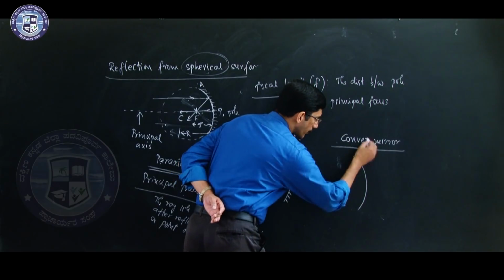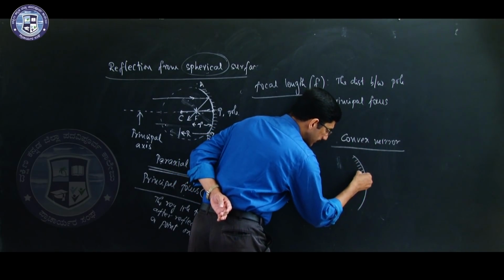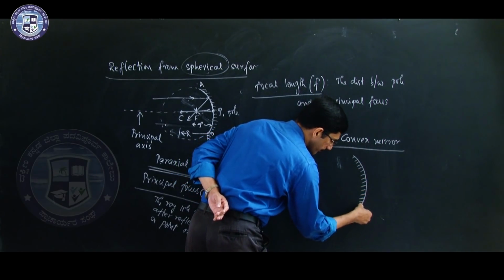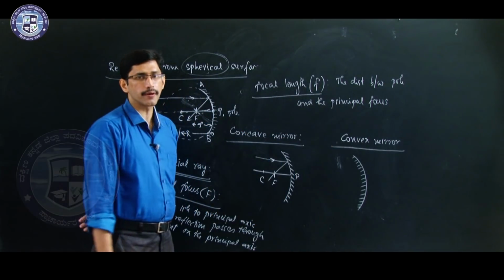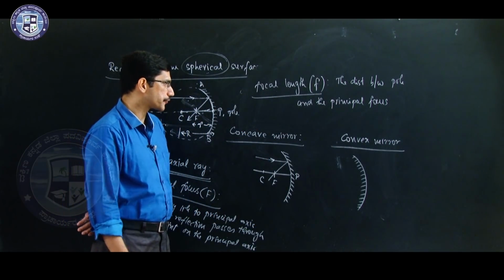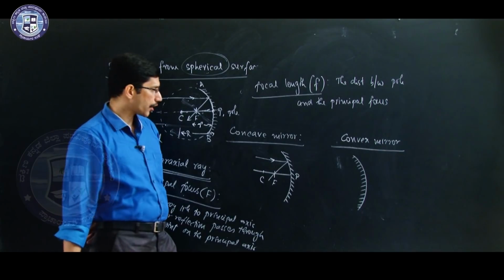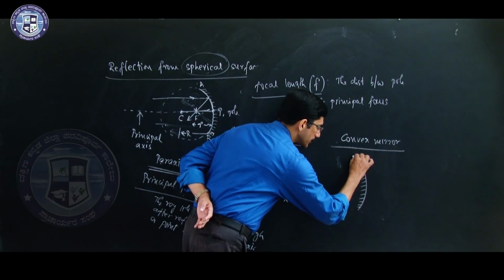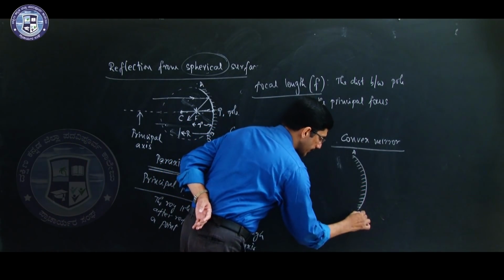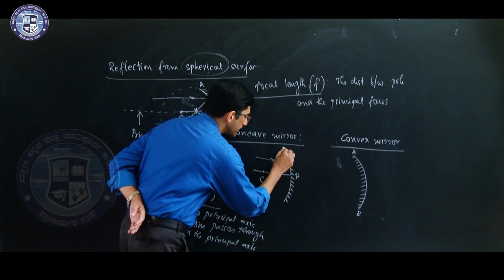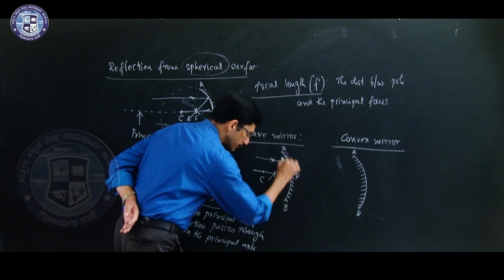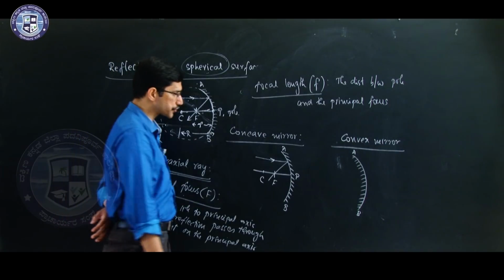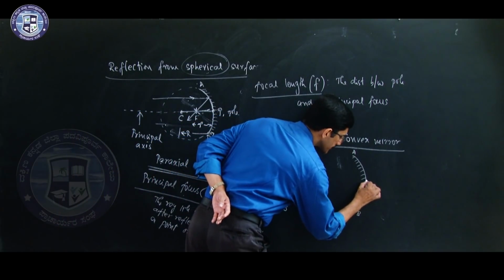In the case of the convex mirror, the inner surface is polished, while the reflection takes place from the outer surface. This is the aperture. If I name it AB, then AB is the aperture, because it is the total area available for reflection, and the midpoint of this is the pole.